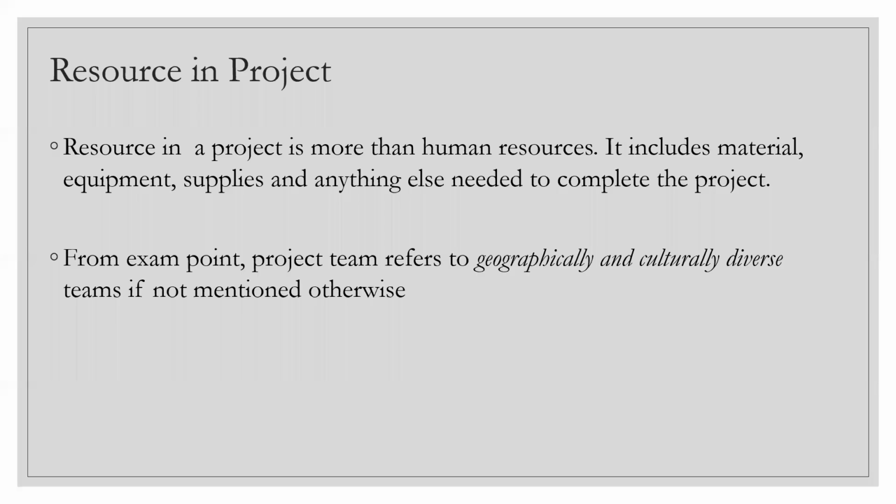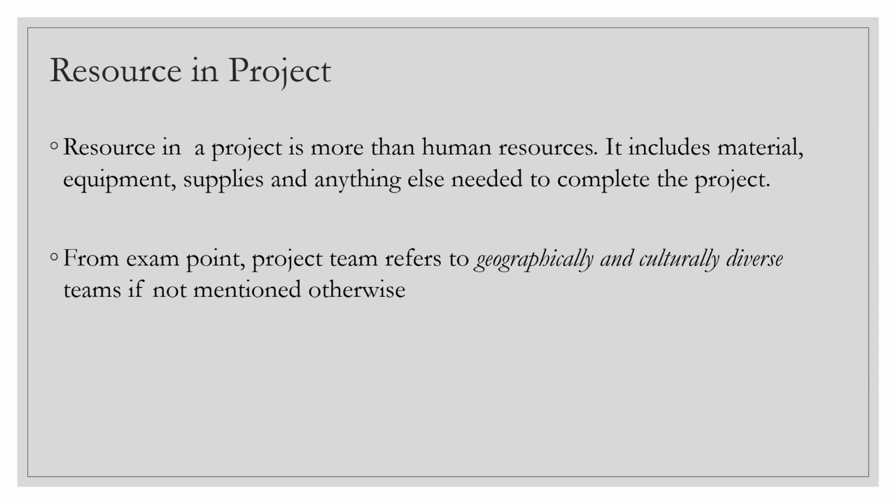So resource management, first things first, what do we mean by a resource in a project? When somebody talks about resources, you kind of think of a human being, right? But a resource in a project is more than general human resources. We are talking about anything and everything which is needed to complete the project. It can be the material, the supplies, the equipment.